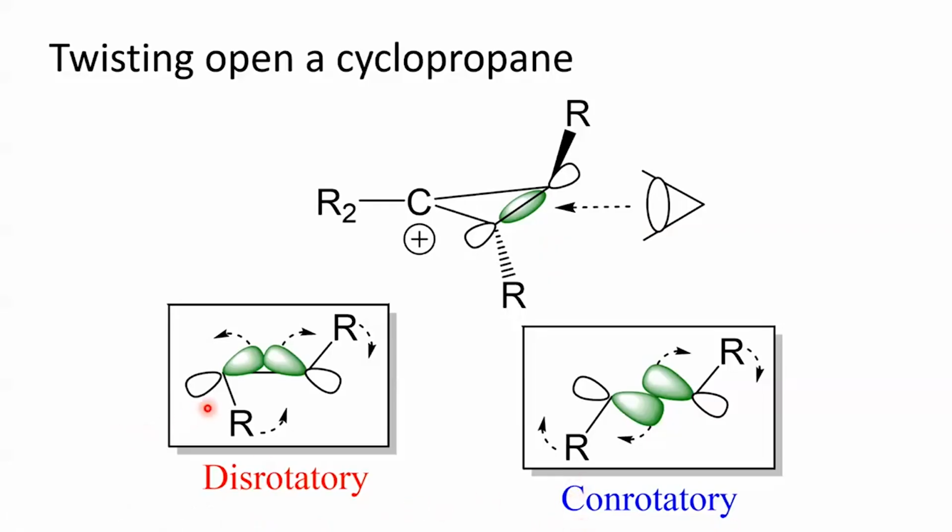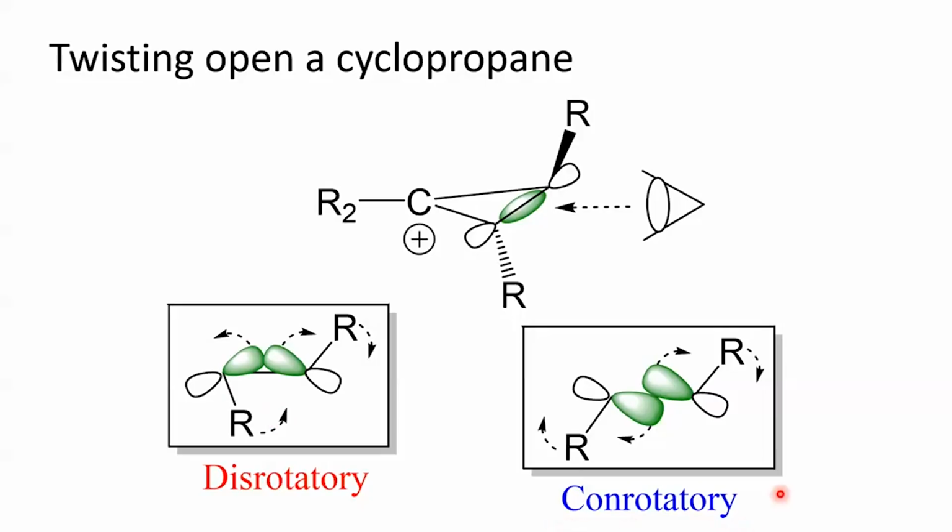There is this disrotatory mechanism whereby we break apart this bonding interaction by twisting these 2 carbons so that the p orbitals peel apart in different directions. So the left-hand p orbital is rotating in a counterclockwise fashion, the right-hand p orbital is rotating in a clockwise fashion, and you can also see the effect that this has on the R groups. They are rotating in the same direction as the p orbitals do when that bond breaks.